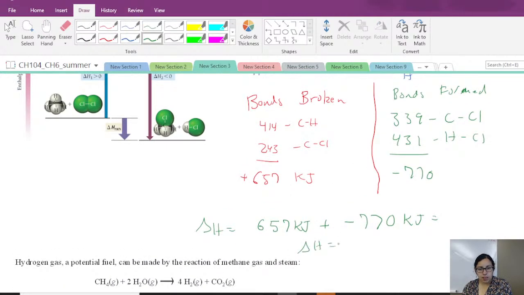So delta H is negative 113 kilojoules. We are getting there, but we'll learn that this is exothermic, so it's releasing heat. Usually exothermic reactions are more favorable since they're releasing heat, so they tend to be spontaneous. That being said, endothermic reactions do exist and go.